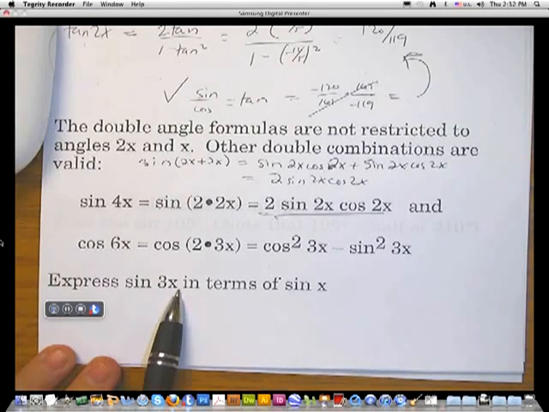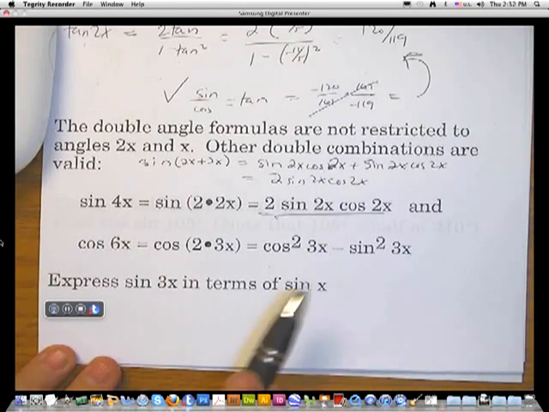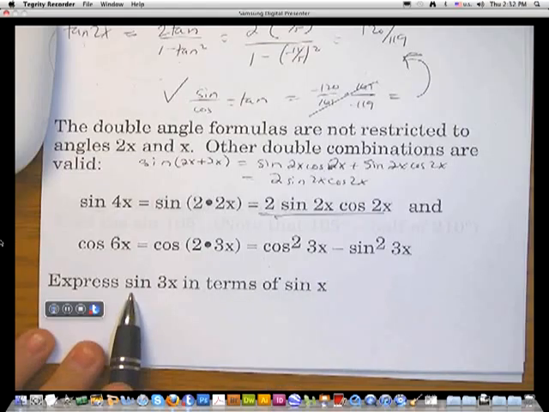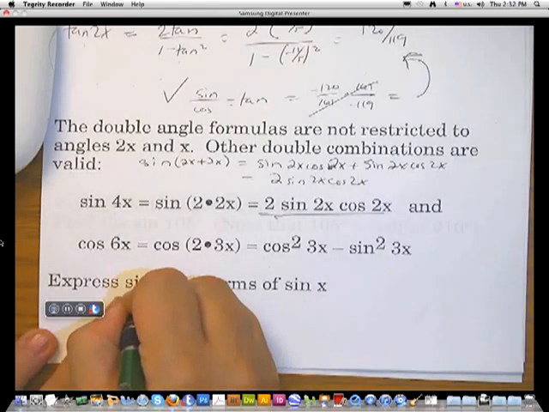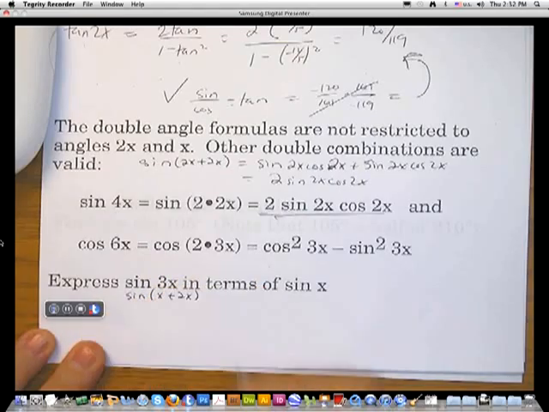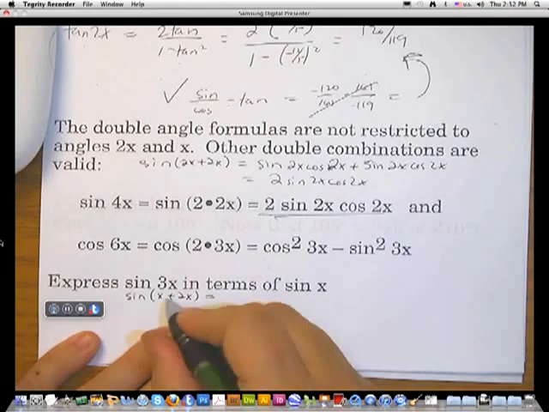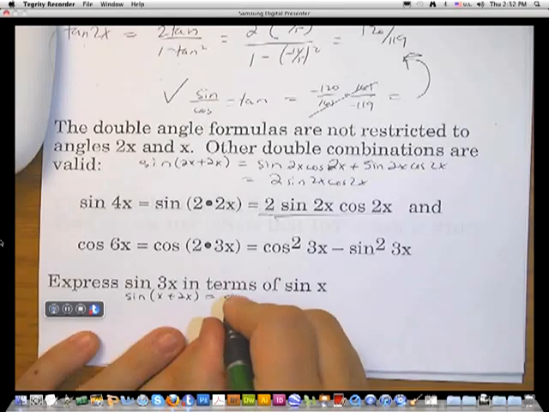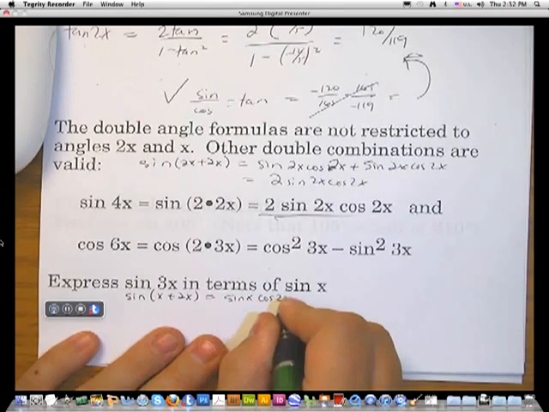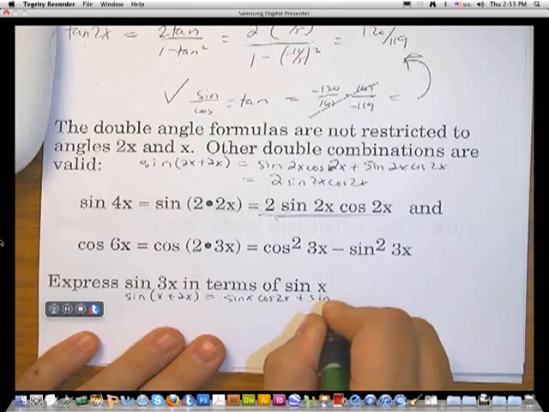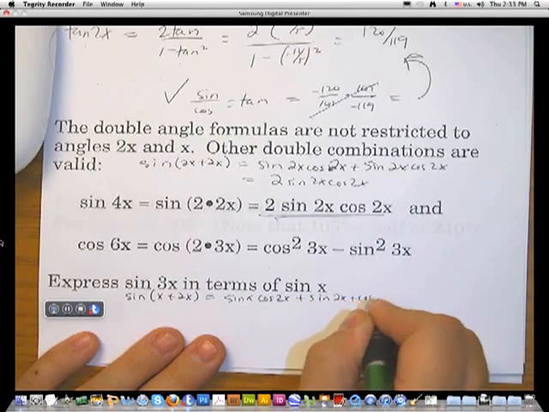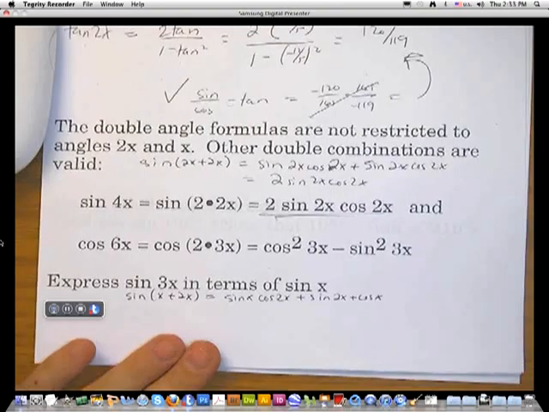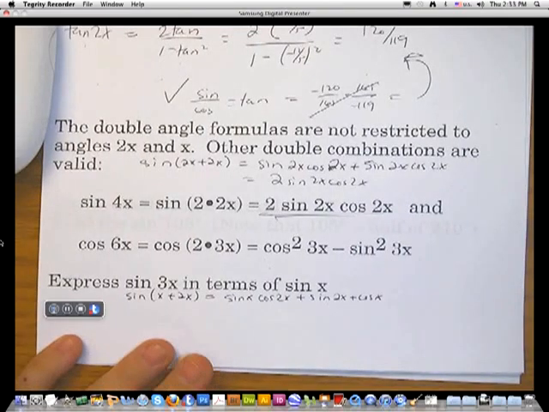Alright, here I have expressed 3x in terms of x. So we want to first rewrite this. We're going to say sine of x plus 2x. We've got to break it down piece by piece here. Well, we can now separate that using our rules from before. Sine x cosine 2x, so it's using that pattern from the previous.